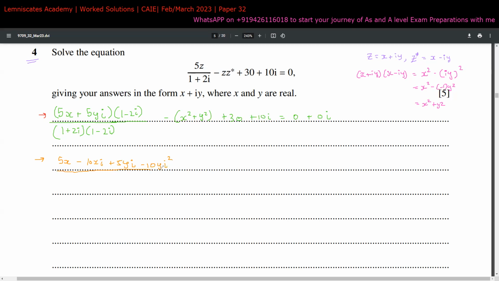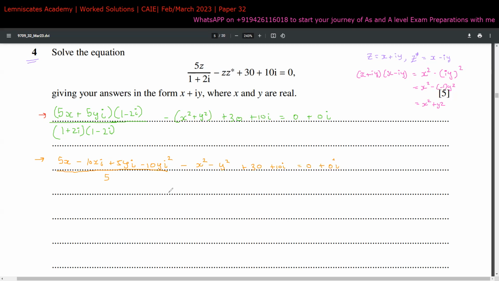And in the bottom, I told you this is always the first term square plus the second term square. So 2 square is 4, 1 square is 1, 1 plus 4 is 5. So in the bottom it's 5. Over here it's minus x square minus y square plus 30 plus 10i is equal to 0 plus 0i.